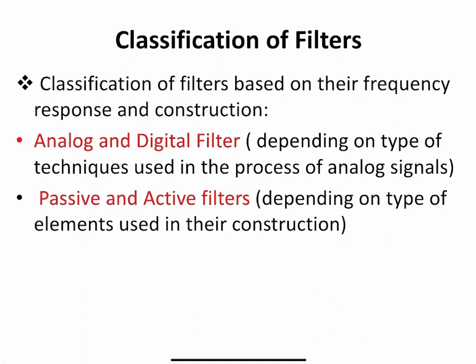And the second one is passive and active filter. These filters are according to the type of elements used in their construction. In the passive filters, only passive components such as resistor, capacitor, inductors are used. In the active filter, active components such as op amp and transistor are also used along with the passive components.